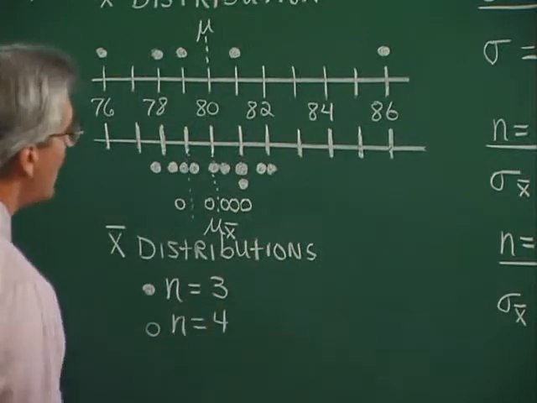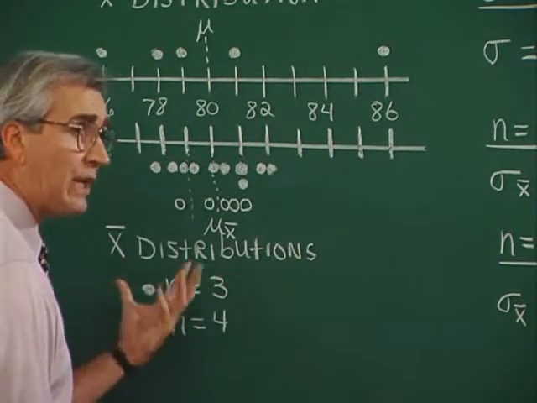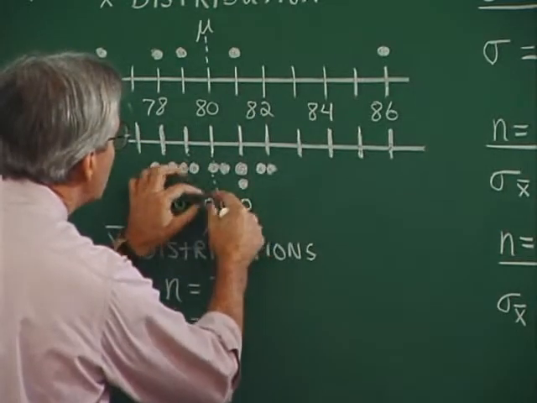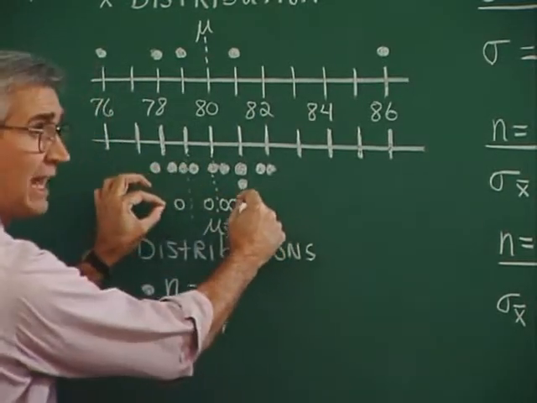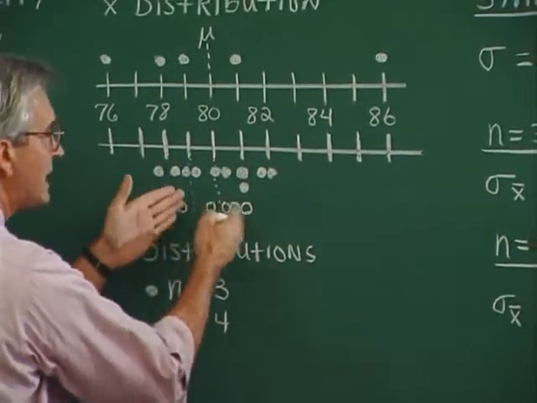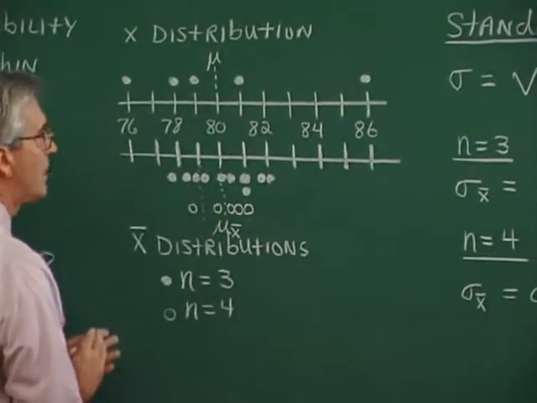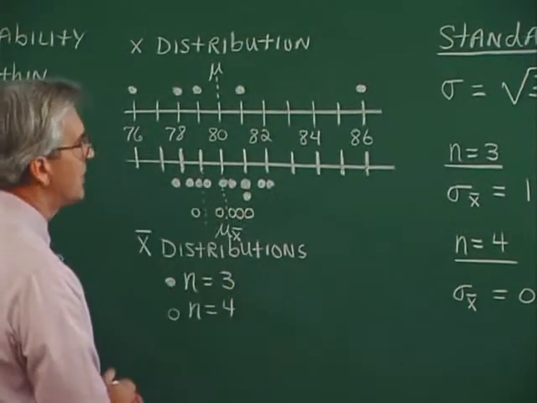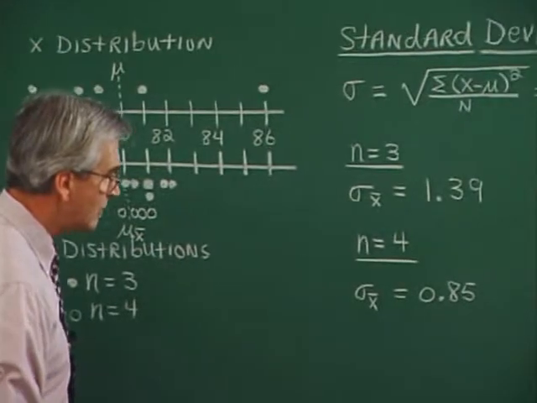Now, which one would we want to be approximating mu if we want accuracy? We want the one with the larger sample size, because we want this dispersion of values to be as small as possible, because we want the error involved in our estimation to be as small as possible. That is, the distance from the true mean to be as small as possible. Okay, it's a very important idea.